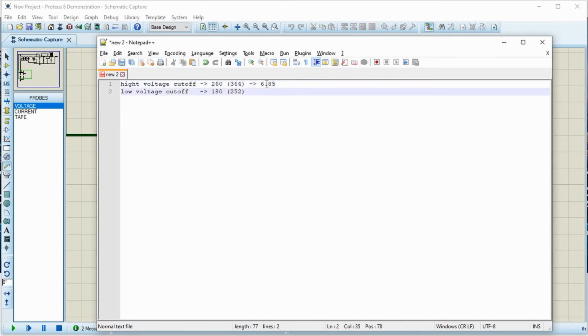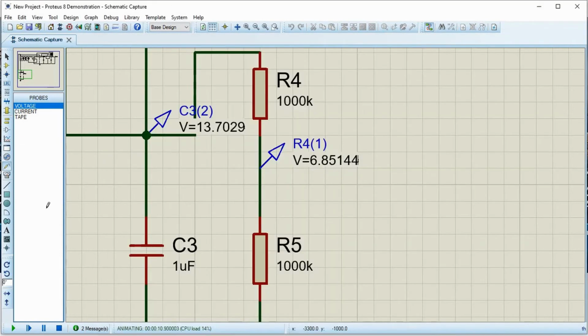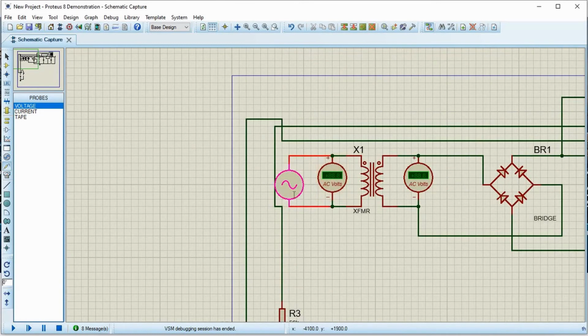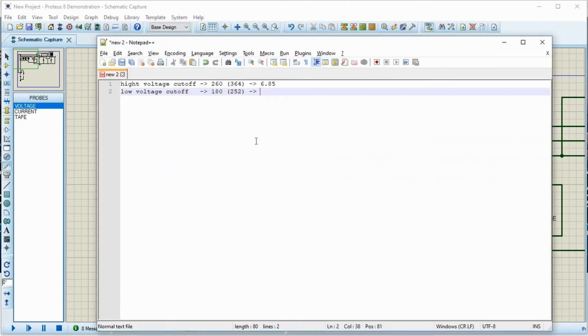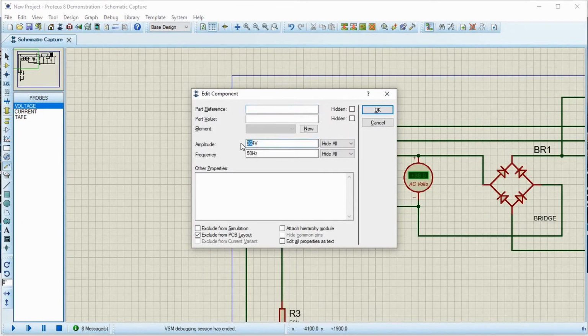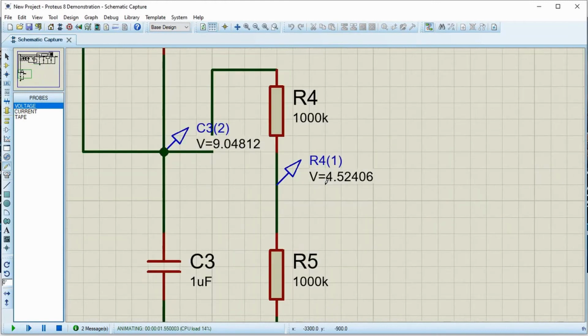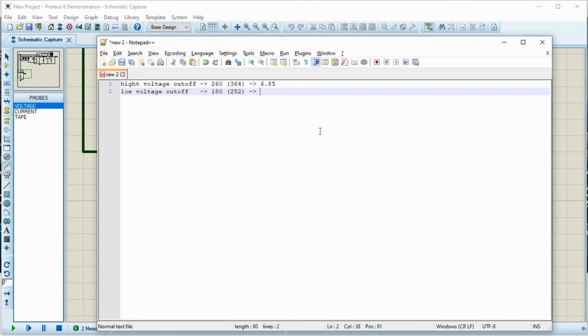And for 252, this is 4.5. Okay. So now the reference I have to give is 6.85 and 4.25 to the op amp.